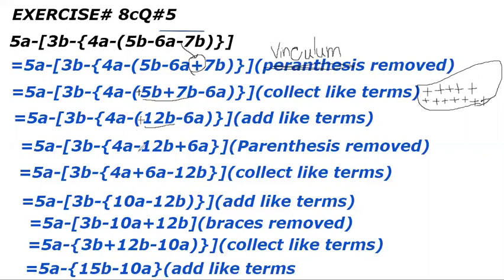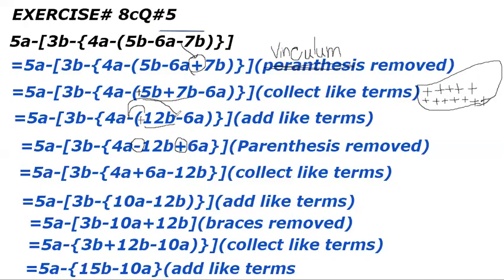Why do we change the signs? We change the sign because this parenthesis means multiplication, and this negative sign is multiplied by the positive sign, and it gives us a negative sign, negative 12b. And again this negative sign is multiplying by this negative sign, and it gives us a positive sign.